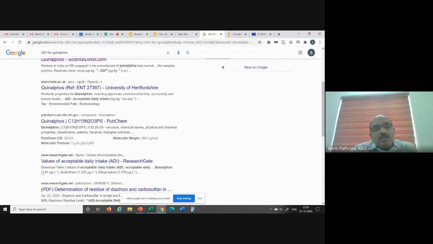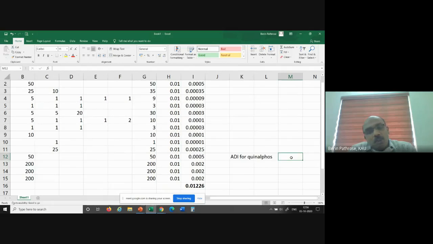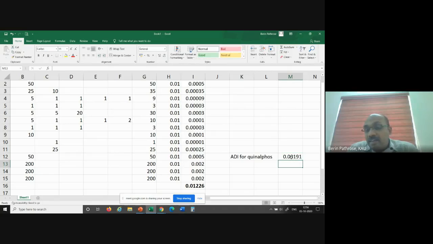You can see that value, 1.91 microgram per liter. Microgram per liter is ppb. So it will be 0.00191. That is the acceptable daily intake for quinalphos, and she has consumed 0.01.